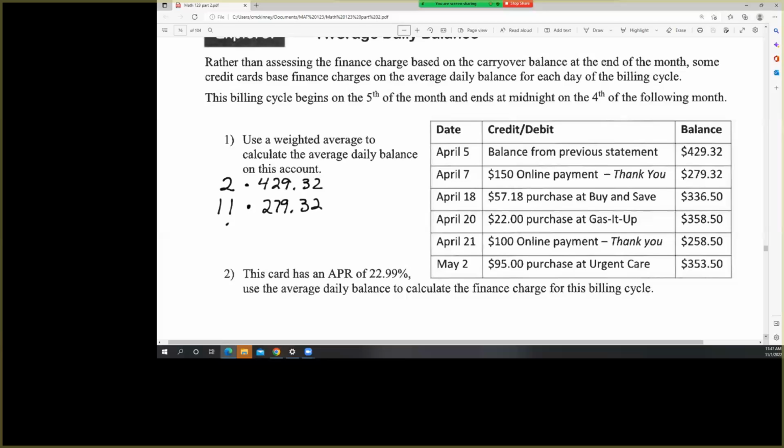Then for 2 days, from the 18th to the 20th, the balance was $336.50. And then the 20th to the 21st, only 1 day, the balance was $358.50.